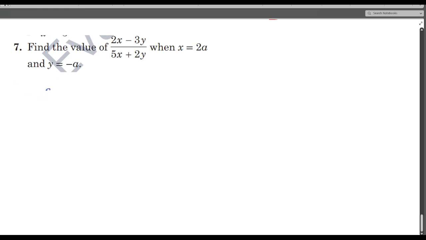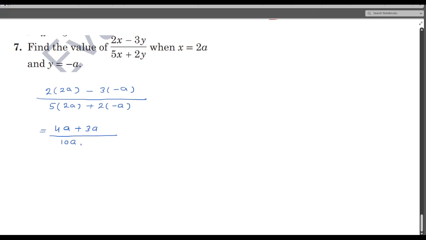So 2 times, now x is replaced by 2a, minus 3y, so y is replaced by minus a, divided by 5 times x is 2a plus 2y, y is minus a.